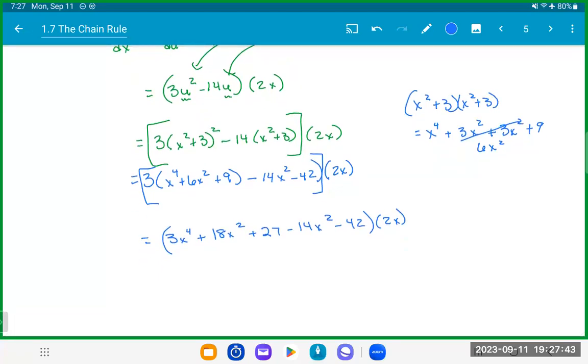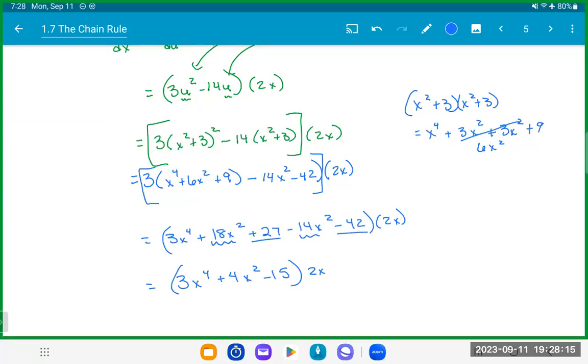And when we simplify the insides here, we can combine our 18x squared and negative 14x squared, and we can combine our plus 27 and negative 42, and that's going to give us 3x to the 4 plus 4x squared minus 15, all of that times the 2x.